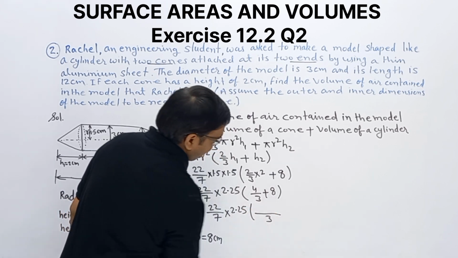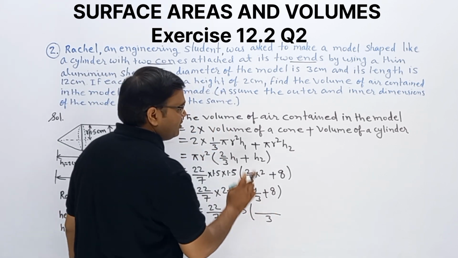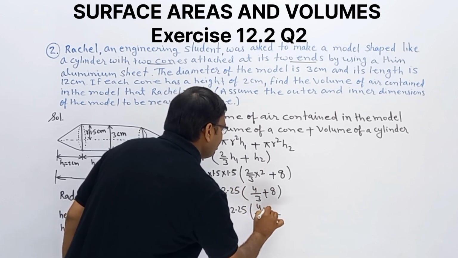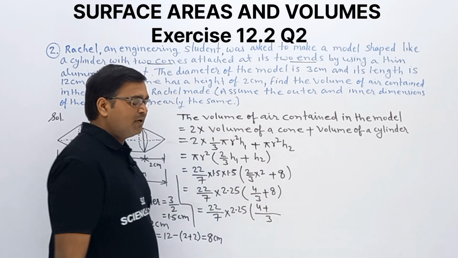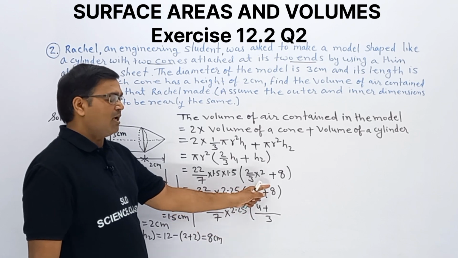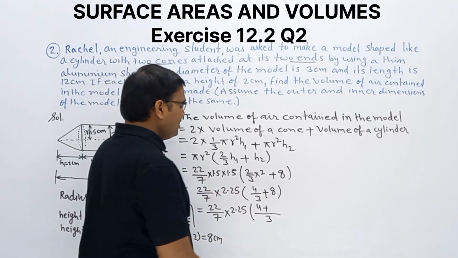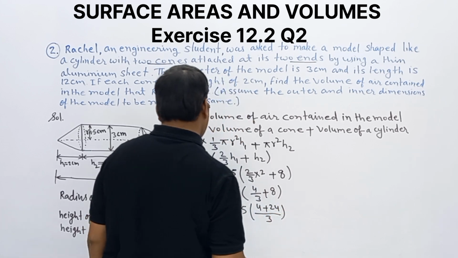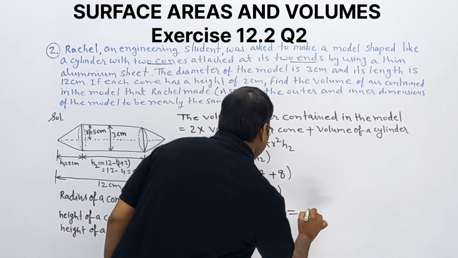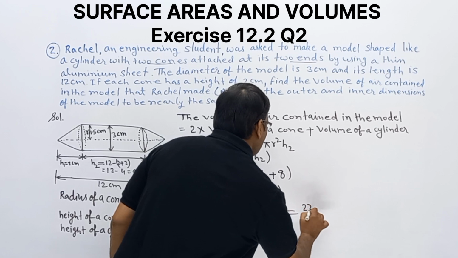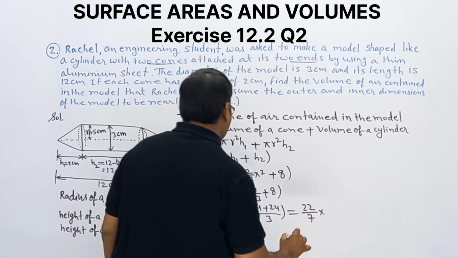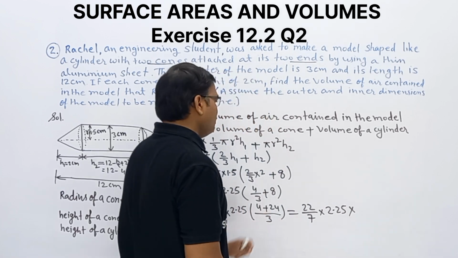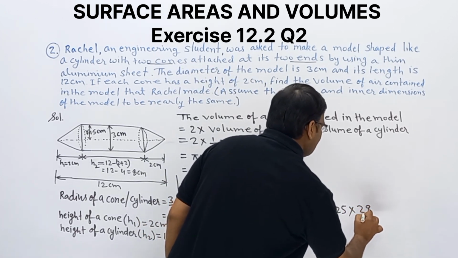LCM is 3. 3 divided by 3, one time it is going, multiplied by numerator 4, plus the denominator part is 1, 3 times it is going, multiplied by 8, 3 eights are 24. So this can be written as 22 by 7 into 2.25 into 28 by 3.